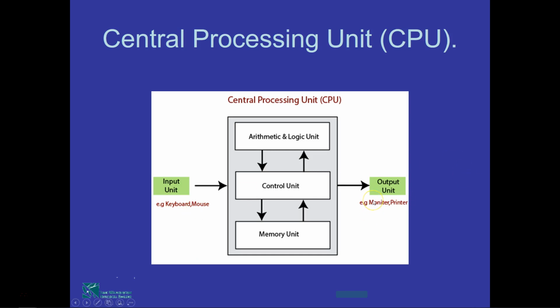And then on the other side, here is the output unit. This output unit is the end, where the result is basically displayed or printed on paper so that the user can see it. There are many media and devices that can be used to present the information.